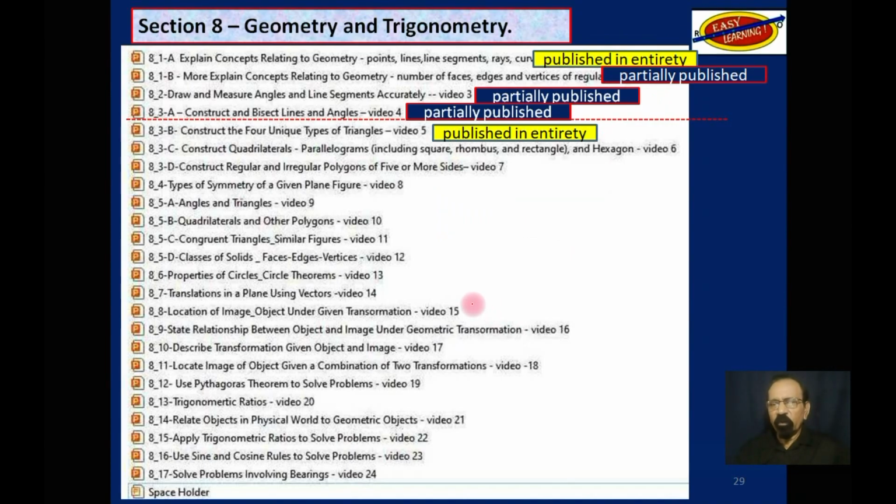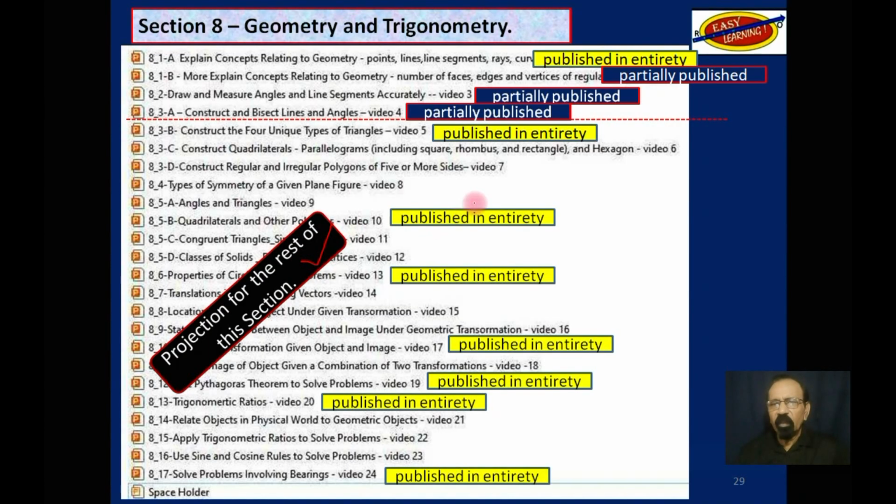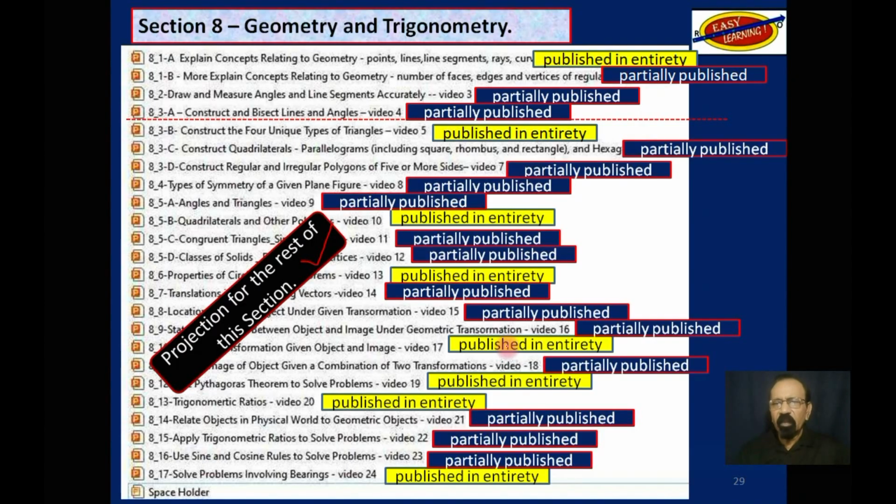And for the rest of this section, this is a projection of how these videos will be published. Those others will be published in their entirety and these partially. Please make good use of all these videos that are published in their entirety and even those that are partially published, because they deal partially with those objectives as well.